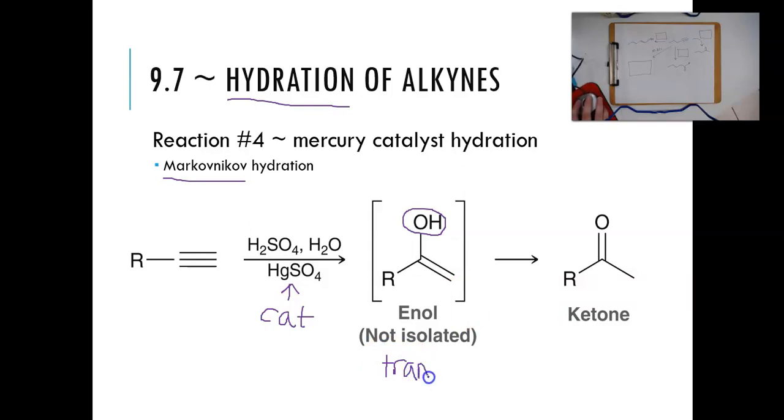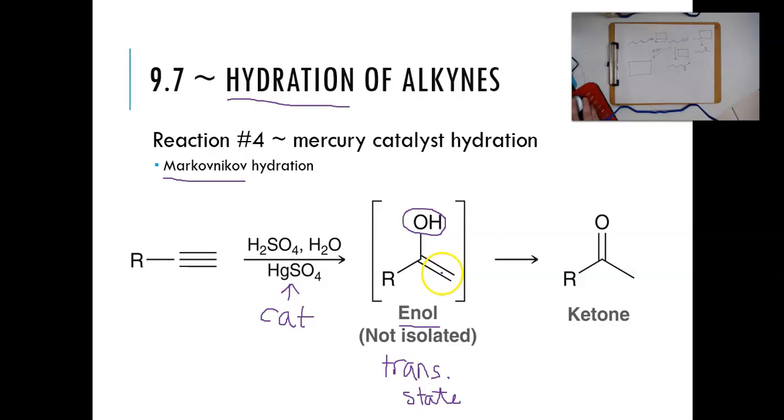It can't be isolated, and it is not a stable structure. And so what it's called is an enol. The ene is because it's an alkene, and the ol is because it's an alcohol. So alcohol ends in ol, and when we do nomenclature with it, it ends in ol, like ethanol and methanol. So together it becomes an enol.